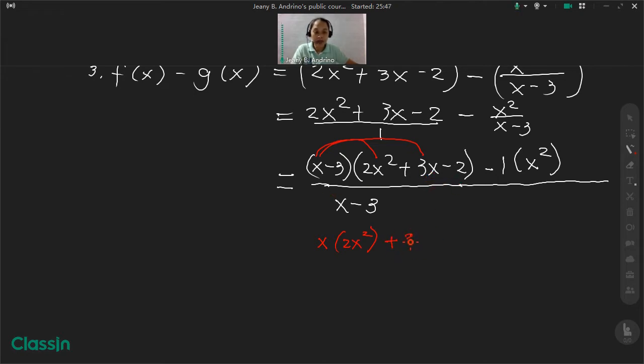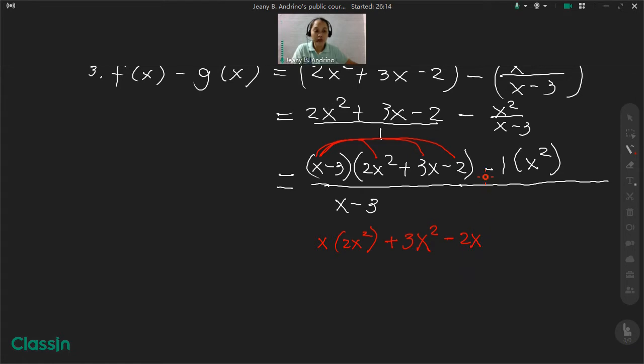So we just copy 3 and then multiply x and x. So we're simply adding their exponent. So we have x. 1 plus 1, that's gonna be 2. So we have 3x squared for that one. Next, we go for x and the negative 2. So we have here x times negative 2. That gives off negative 2x.